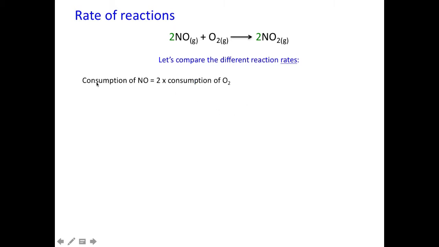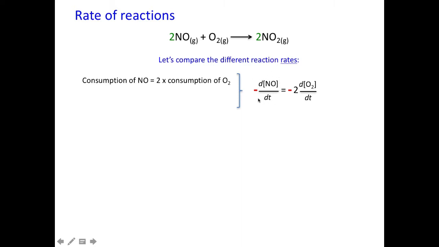So the first thing we can realize is that the consumption of NO, nitrogen monoxide, is 2 times the consumption of O2. At every step you are decreasing the amount of NO by 2 and decreasing the amount of oxygen by 1. So the consumption of nitrogen oxide is 2 times the consumption of oxygen. You can show it in this way.